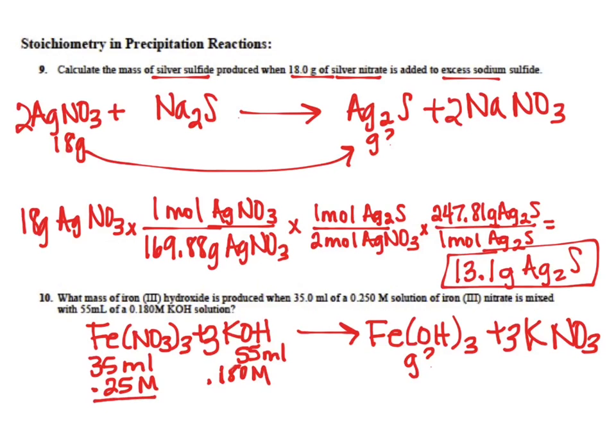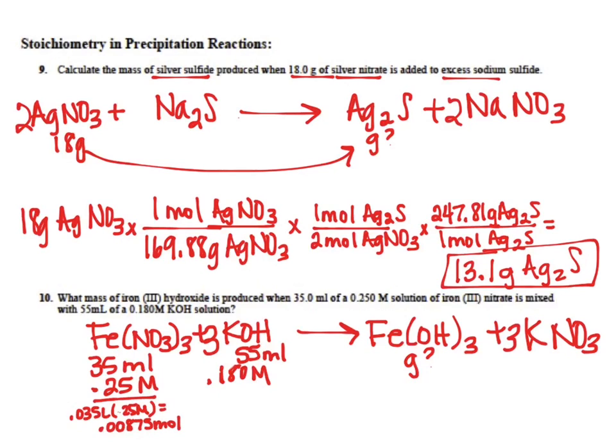So 0.035 liters times 0.25 molarity gets me 0.00875 moles.